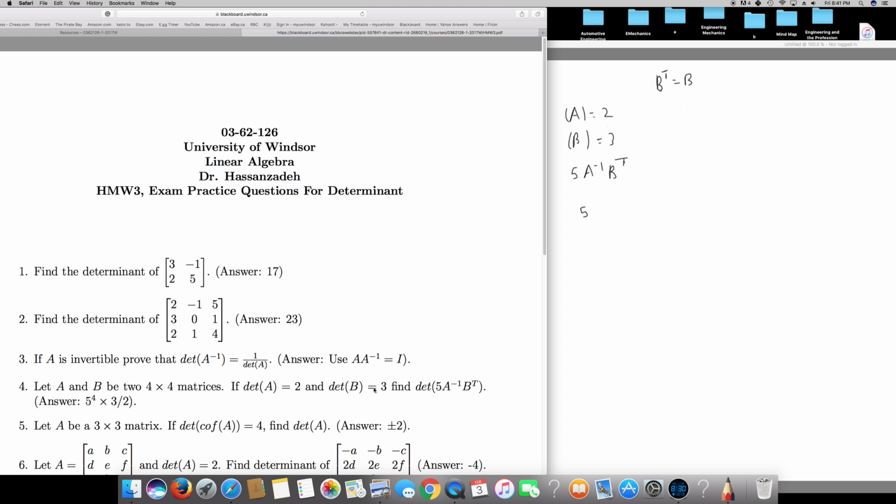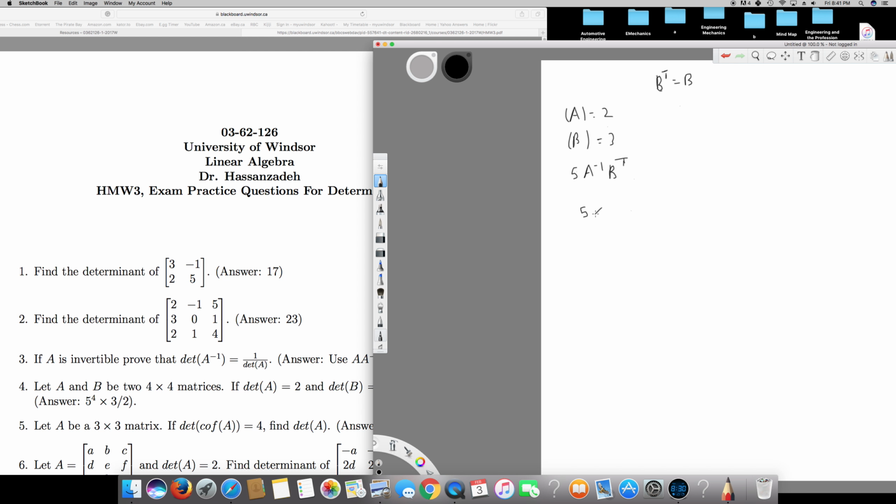We know B is 3, therefore B transpose is also 3. And if it's A inverse, it's 1 over 2.